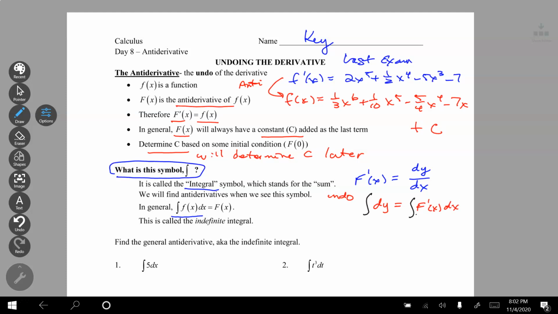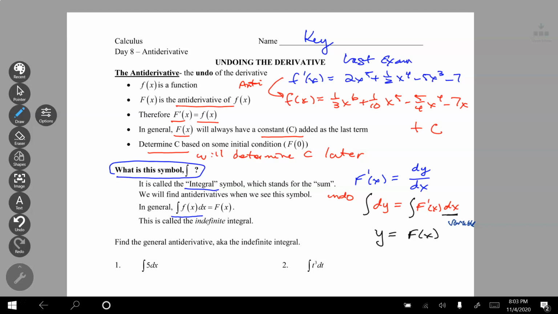It looks like an S, this integral sign, and we get y equals capital F of x, the undo, the antiderivative of the original function. This dx, don't worry about this dx. That's just the variable that we're using in this problem.